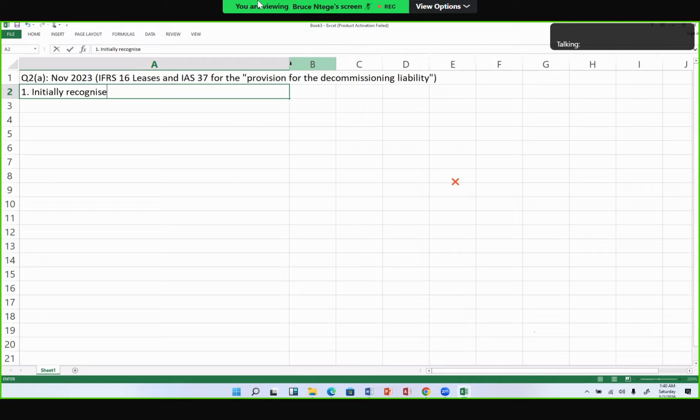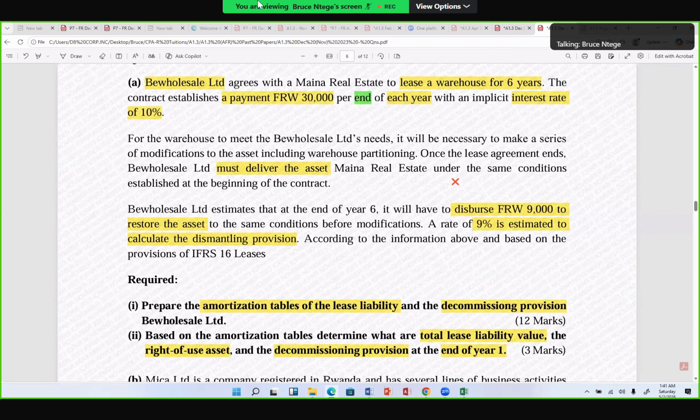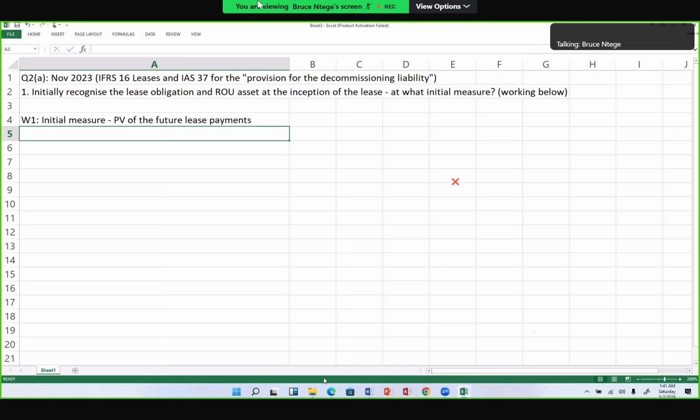We have 6 years, and each year there's a rent being paid. And they gave us that rent. Let's just go back and double check. They told us that each year the lease rental is 30,000, and there are 6 years, and it's paid at the end of each year. So I need to compute that discounting, where I'll have a column for the year.